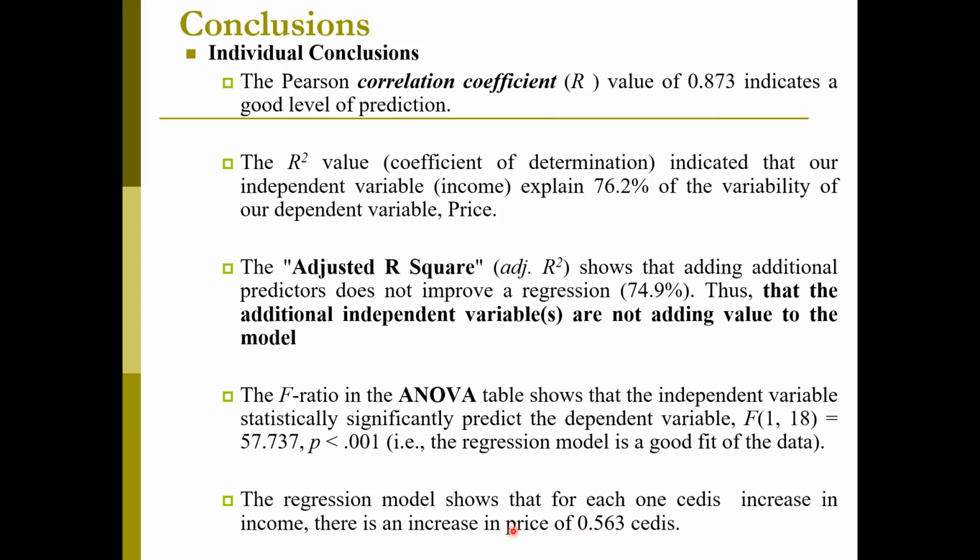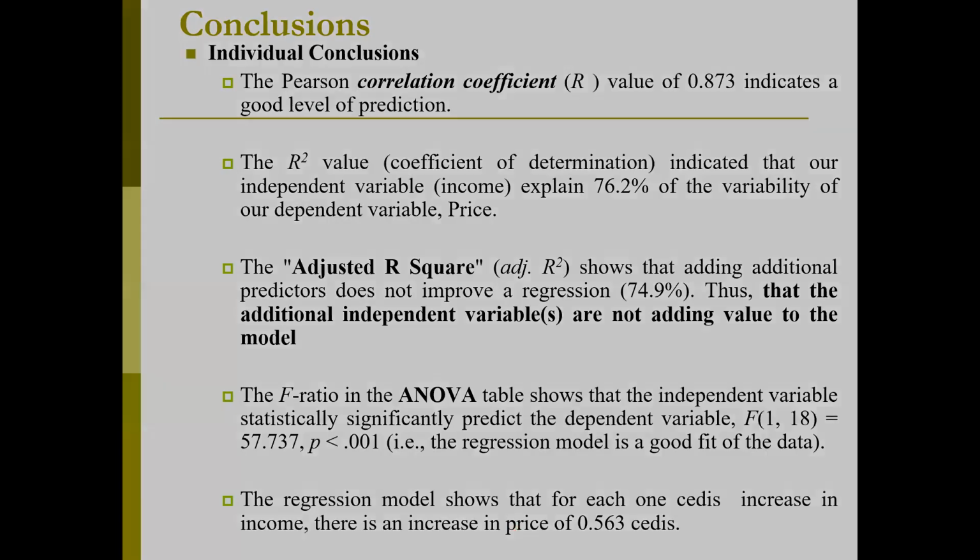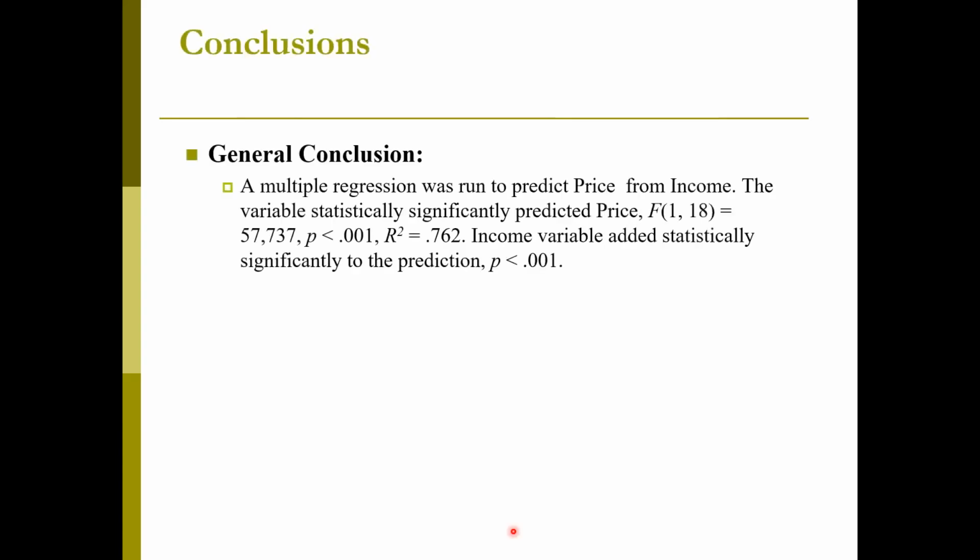So price is equal to 8786 plus 0.563 income. So if income increases by a unit or by a CD, price will increase by 0.563 cedis.